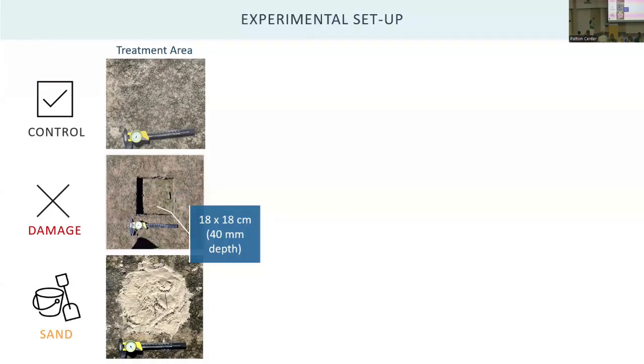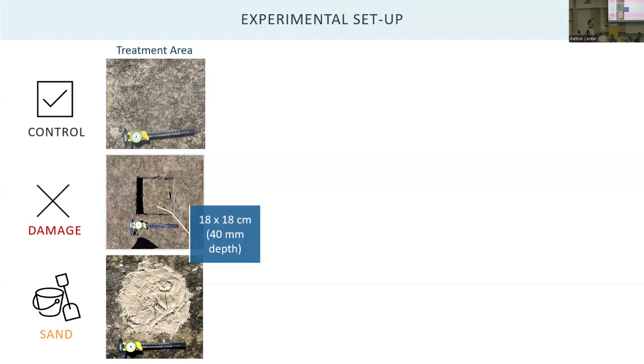So within each of our experiments, we have 3 passive restoration treatments. There's a control, a damage treatment, in which we compress the mat to a depth of 4 centimeters to mimic what a tire track disturbance would be like. And then a sand treatment, in which we fill this compressed area with loose wet sand to restore elevation within the plot to the surrounding flat.